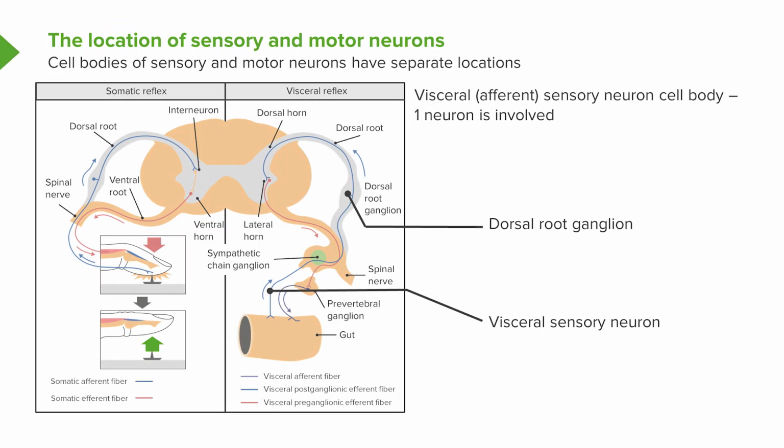And have a look at the visceral sensory neuron. It's detecting information about perhaps the contraction of the wall of the gut and carrying that information all the way in through the ganglia. It doesn't synapse with any neuron there, all the way in through the dorsal root ganglion and then through the dorsal root, just like any other somatic sensory neuron. That's the pathway then of the visceral sensory neuron.